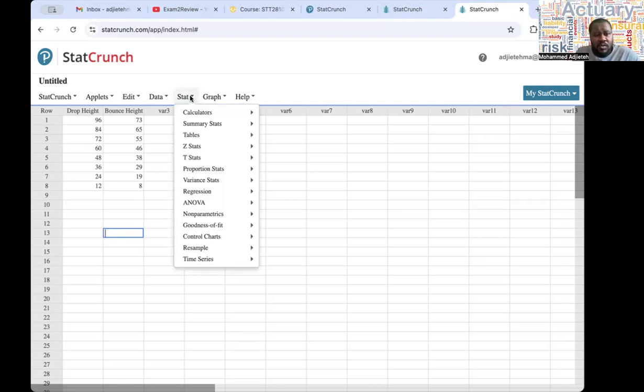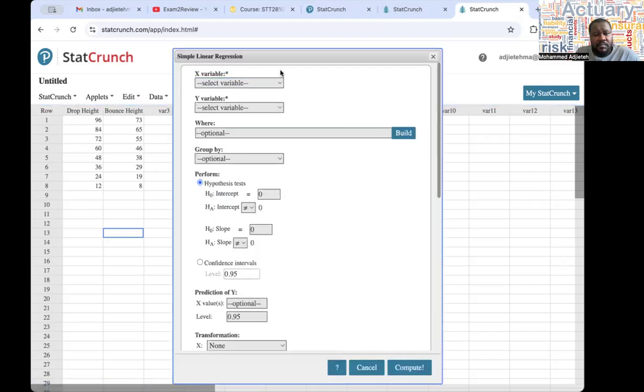So we go to stat, regression, simple linear. The x variable is the drop height. The y variable is the bounce height. I chose this looking at the possible answers, because I could see bounce equals that.